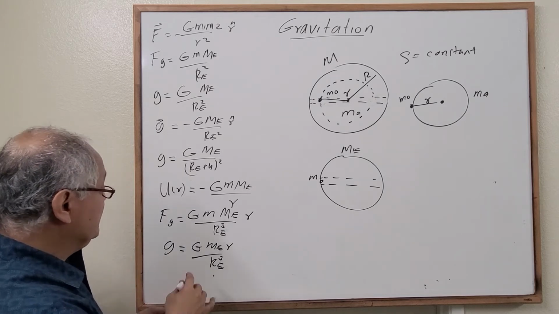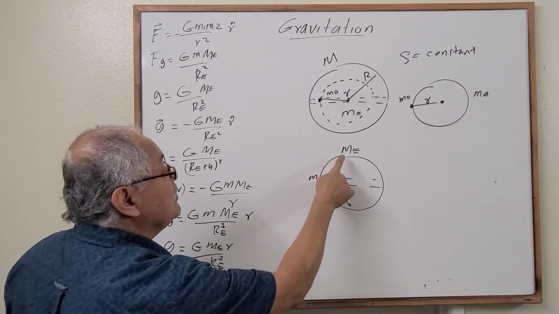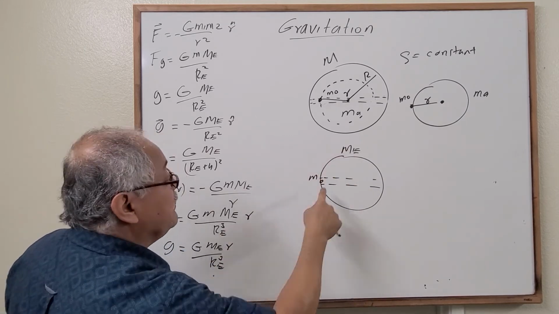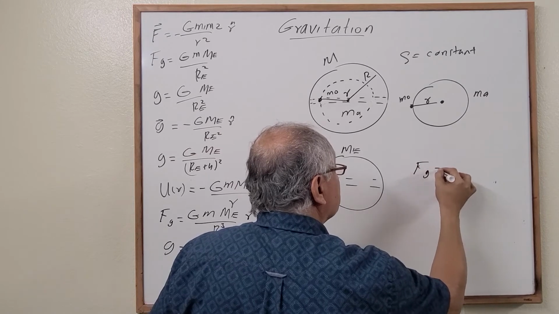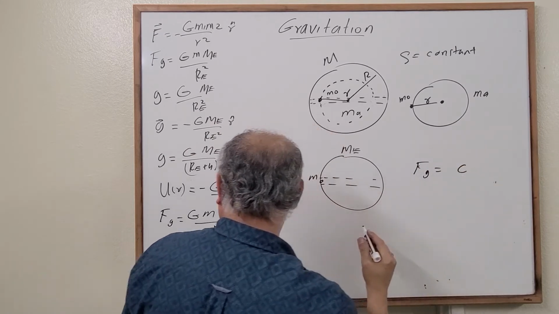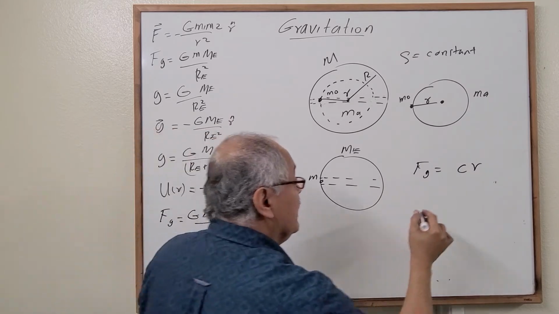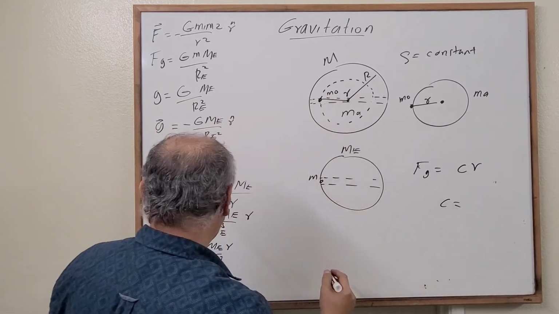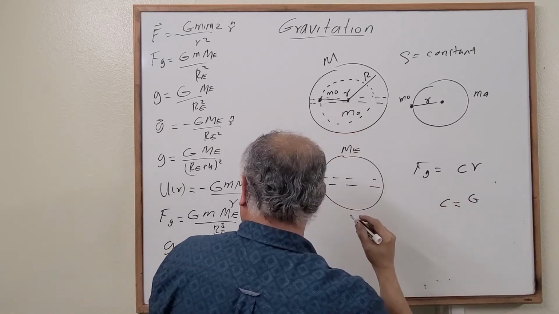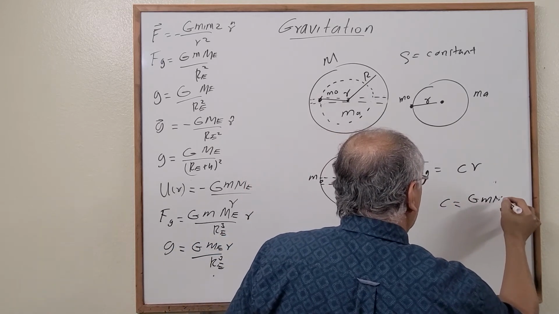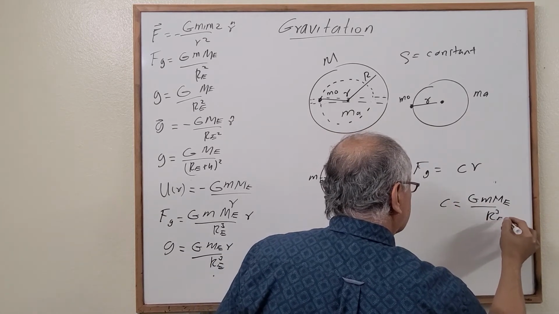Well, as you can see, this is constant, this is constant, and the radius of the Earth is also constant. So the gravitational force equals a constant times r, where C is equal to G m, mass of the Earth, divided by the radius of the Earth cubed.